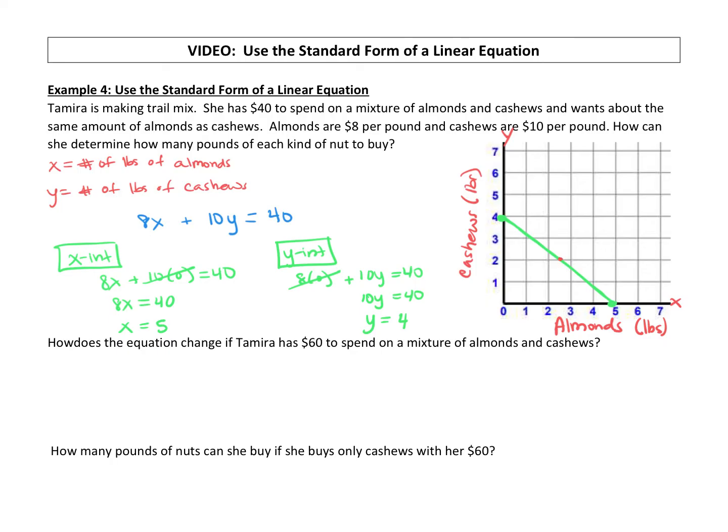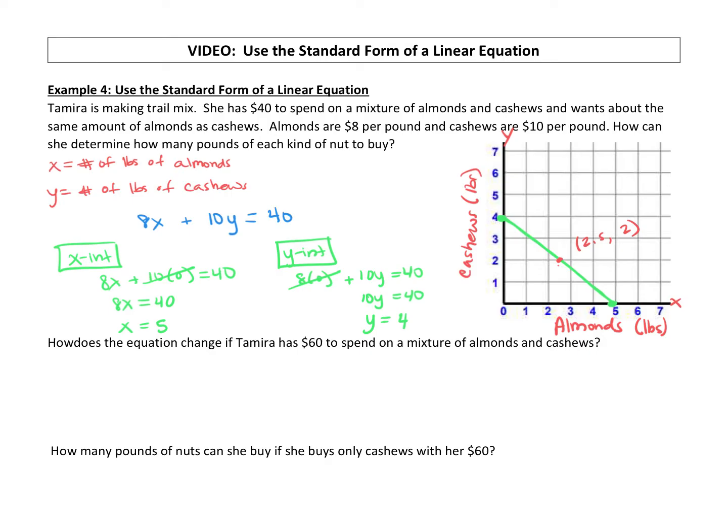So that ordered pair is, the x is 2.5, the y is 2. What that means is Tamira can buy 2.5 pounds of almonds and 2 pounds of cashews, and she will be spending $40 when she does that. Any ordered pair that's on that line, that combination of almonds and cashews would cost $40.